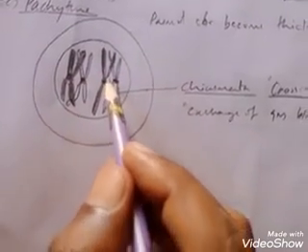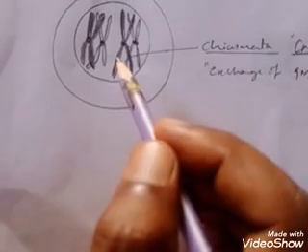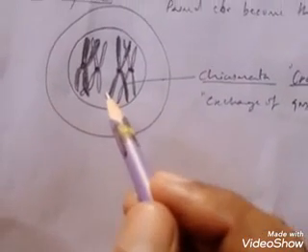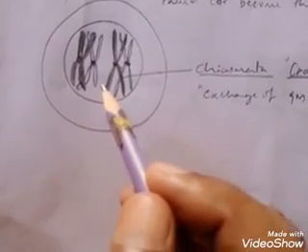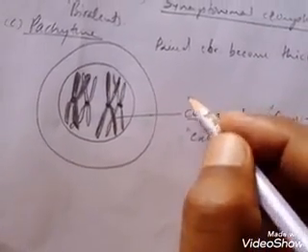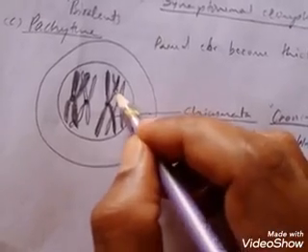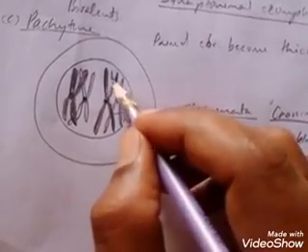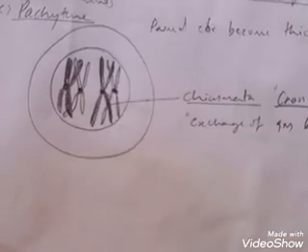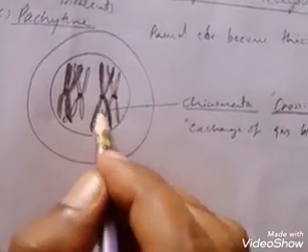This happens with the help of proteins called endonuclease and ligase. Endonuclease helps to cut the arms of the chromatid, and ligase helps to join them. By this, the exchange of chromatid parts takes place at this point.